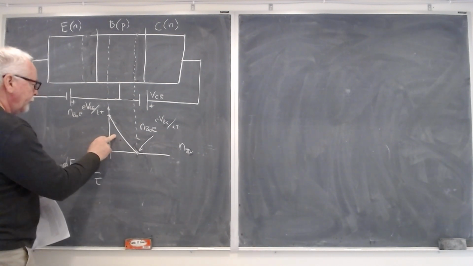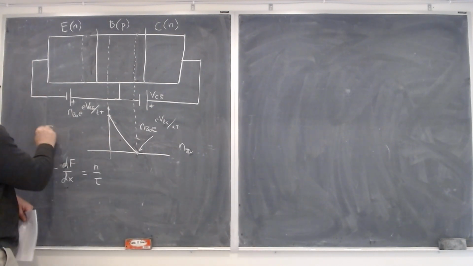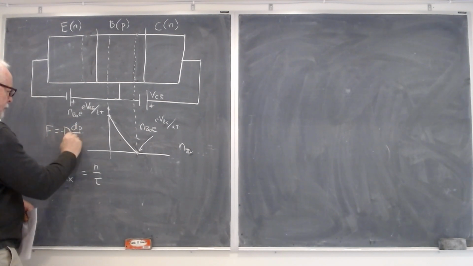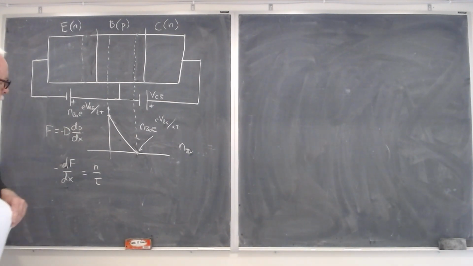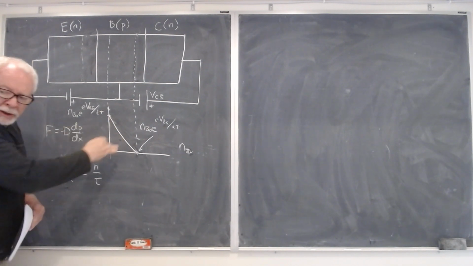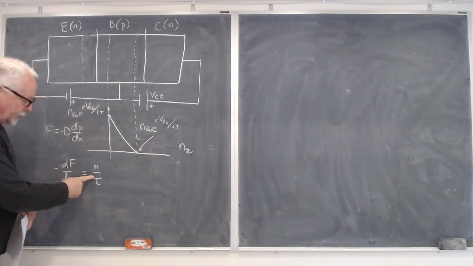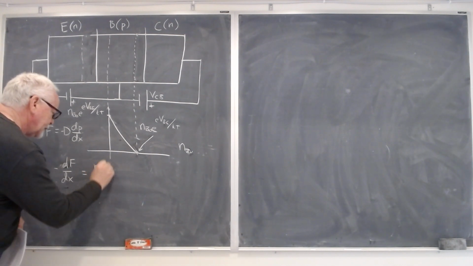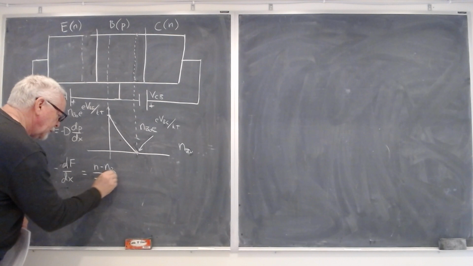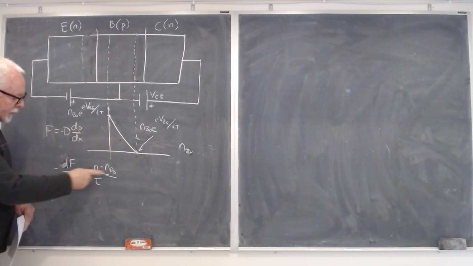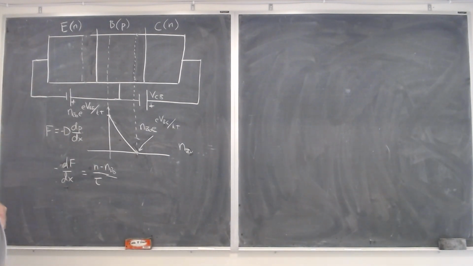Remember what F is: minus D dp/dx. That's the flux as I move through here, and it's slowly getting a little bit smaller. Since it's getting smaller, those carriers are disappearing, because they're recombining according to n minus n_b0 over tau. Any n above n_b0 has to be going away.